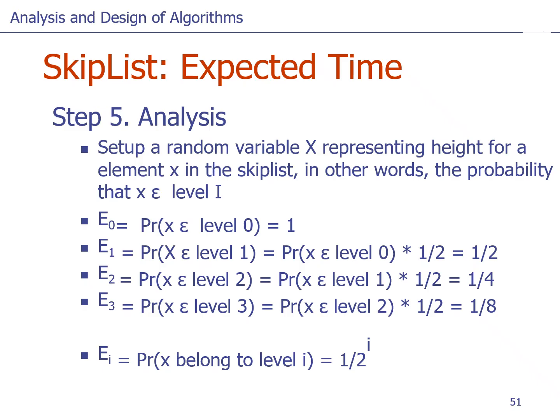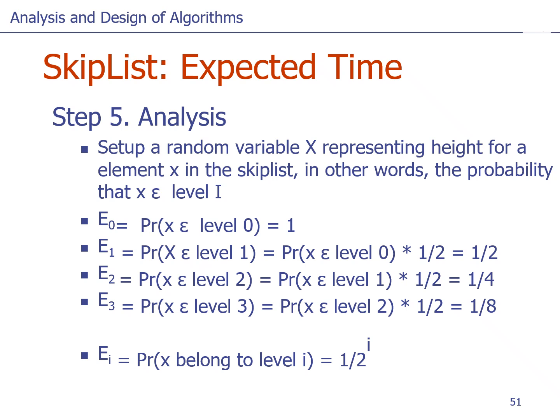Well, it's the probability of x being in level 0, multiplied by half. Why? Because I'm flipping a coin. To be in level 1, it must be in level 0, so there is always a 1. But to be in level 1, above level 0, that's the result of tossing a coin. We have two chances, head or tail. The chance of getting any one of them is half. So the chance of getting a head is half.